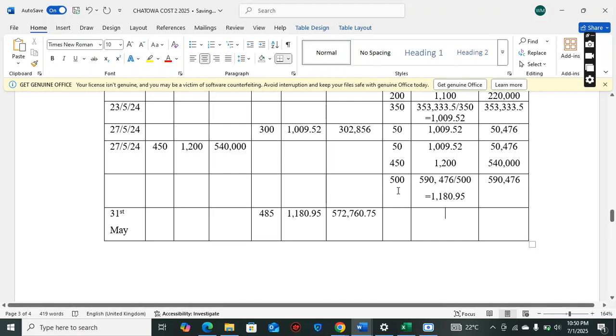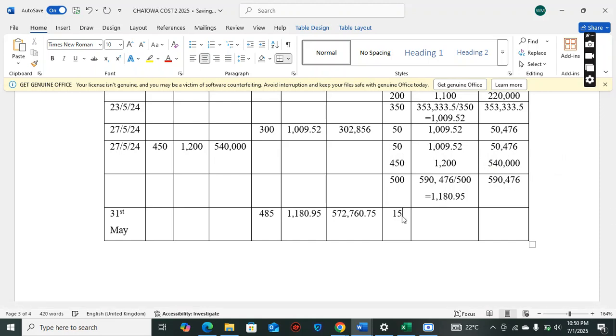Okay, so we had 500. We sold 485, so we remained with 15 solar panels.